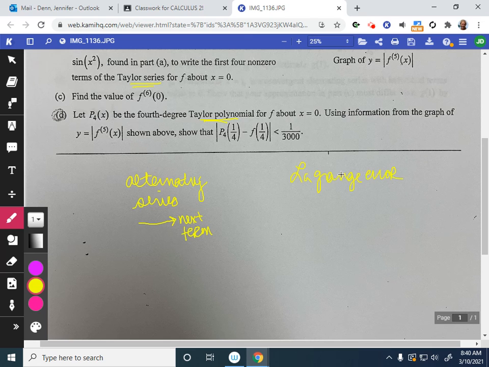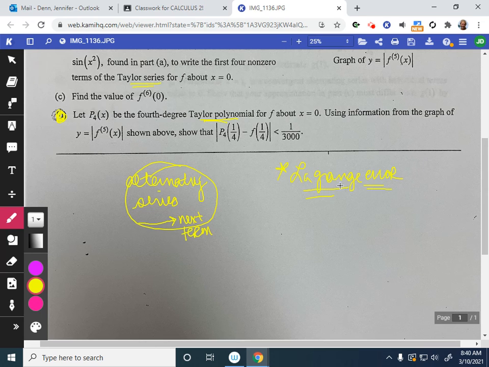I feel like the problems often will tell us to use the Lagrange error bound when we need to use it, but this is an exception. This is a case where we actually do have to use the Lagrange, even though what I have is an alternating series. So I don't have a great way to know the difference. So let's jump into Lagrange almost every time and let's see what happens. I'm not coming up with a great explanation for why I know which one to use. I guess one of the reasons I know which one to use is I never was given a series that I saw all the terms for. My series had a bunch of x's in it.